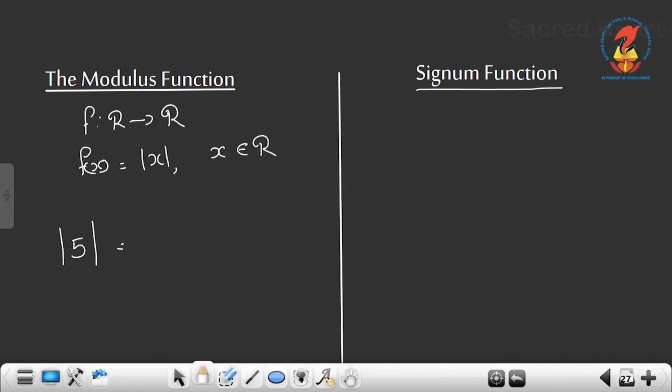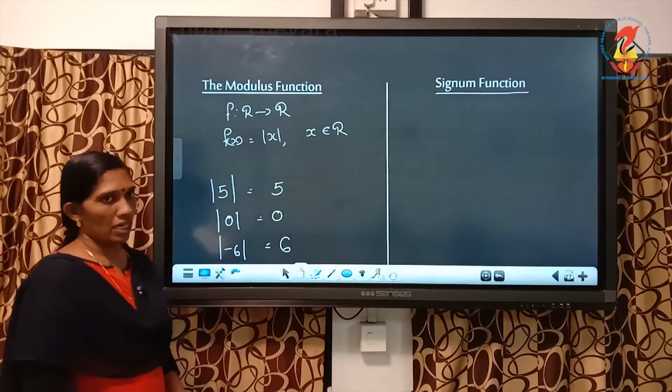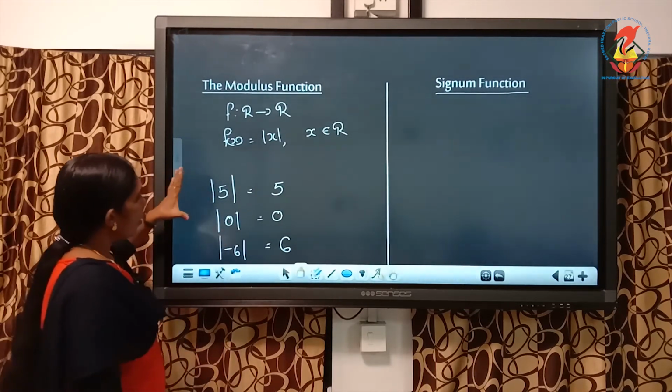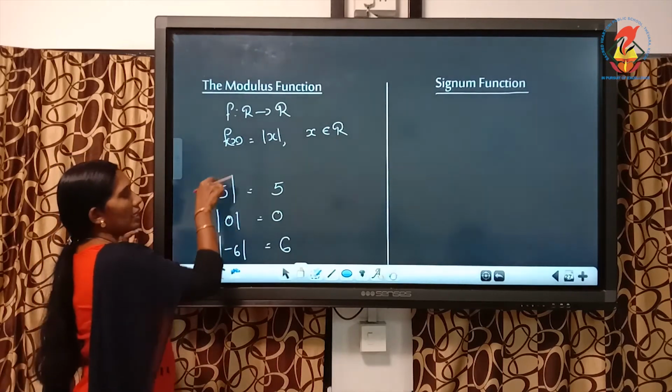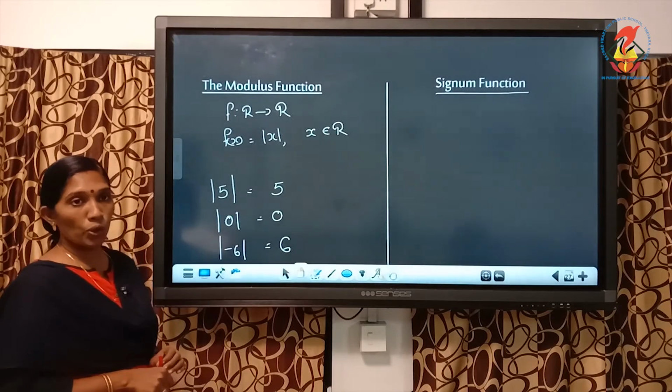So, mod 5 we write as 5 itself. Then mod 0 is 0 itself. Mod of a negative number, we neglect the sign and just write the positive value. For a positive number we don't put the positive sign. For a negative number only we indicate the negative sign. So, whatever value is inside the symbol, we neglect the sign and write it, that is known as modulus.